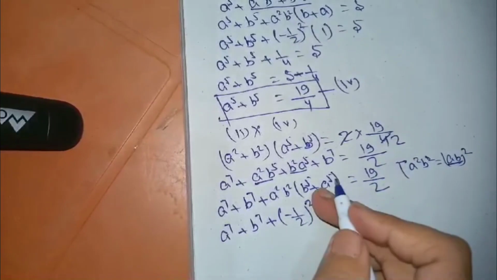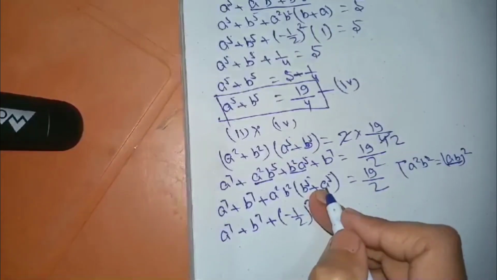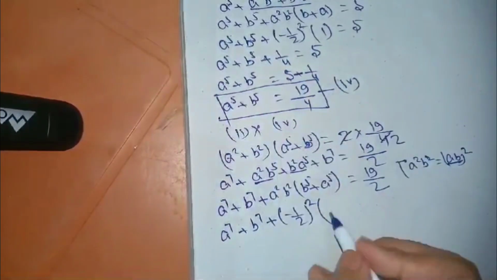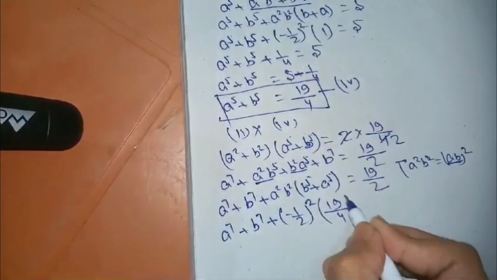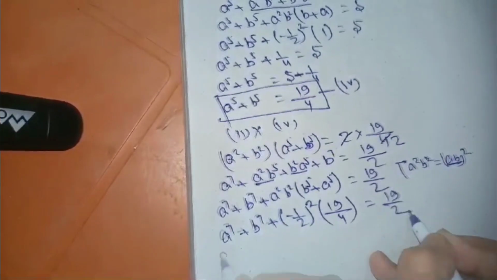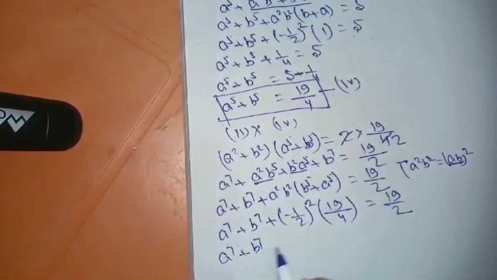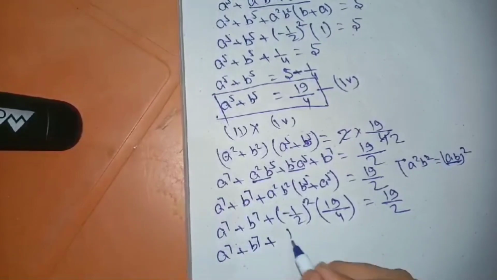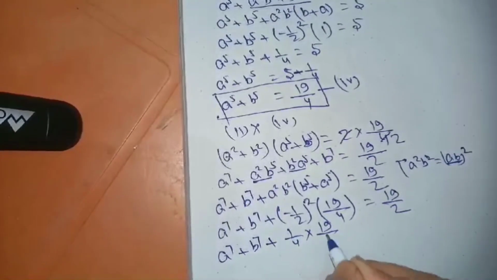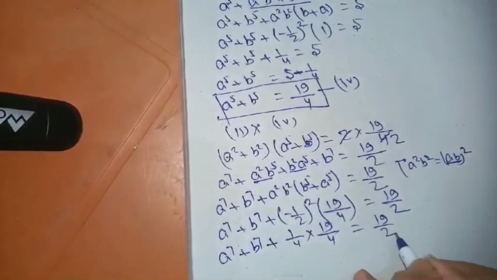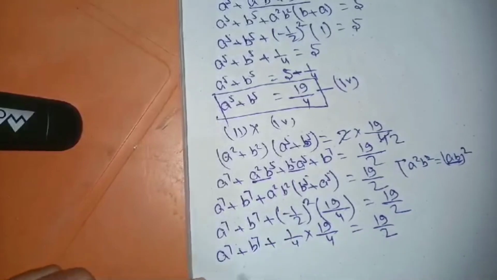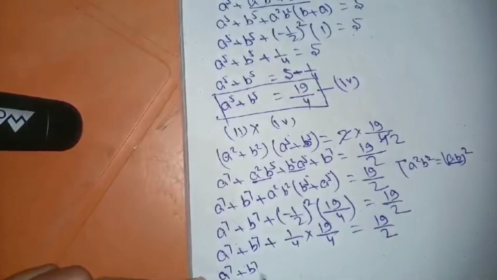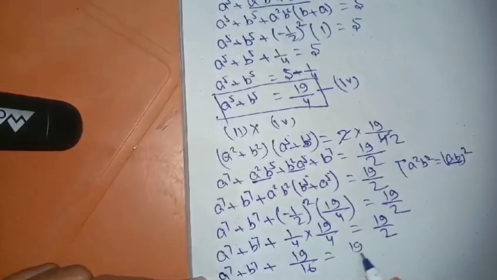The value of a to the power 5 plus b to the power 5 is 19 by 4, so we put 19 by 4, equal to 19 by 2. So a to the power 7 plus b to the power 7 plus 1 by 4 into 19 by 4 equal to 19 by 2. Now multiply this: a7 plus b7 plus 19 by 16 equal to 19 by 2.